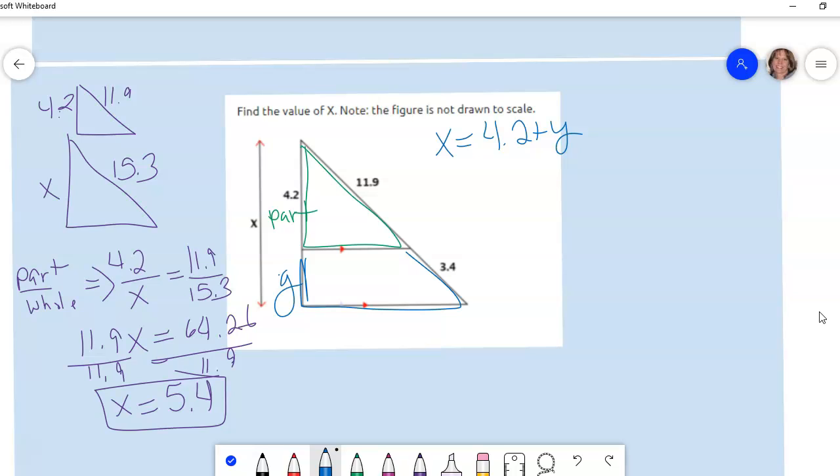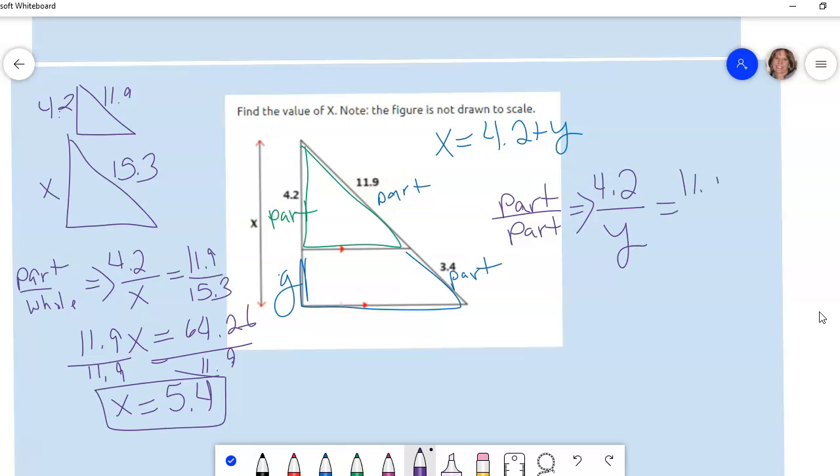So now we can set it up as part to part. And this is where most people ended up getting the wrong answer for this particular problem. All right, so this one is the part to part. And that is going to be 4.2 to y, not my x, equal to the 11.9 to 3.4.